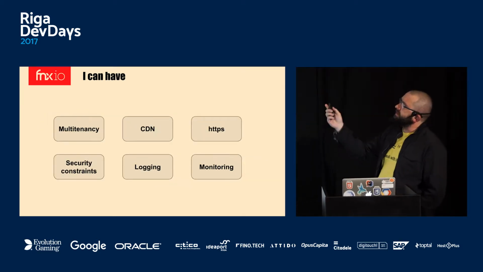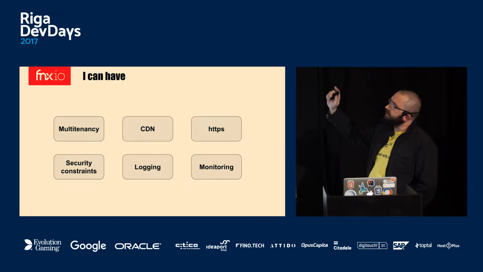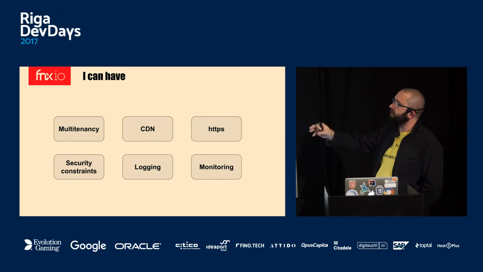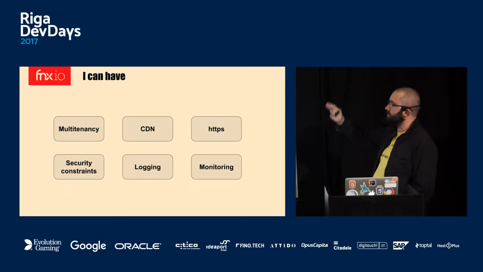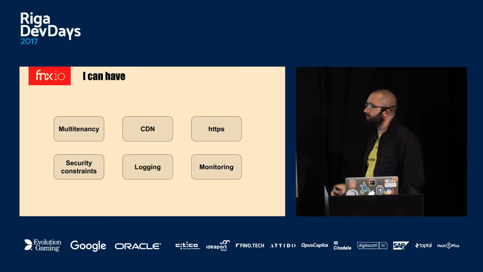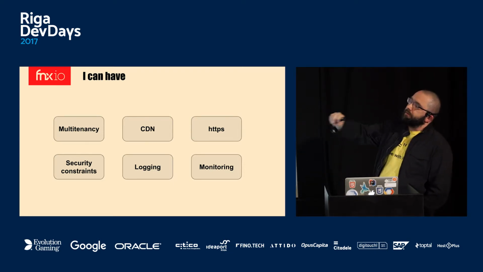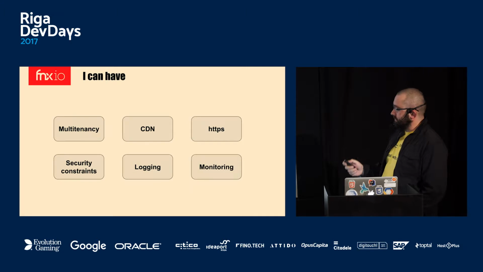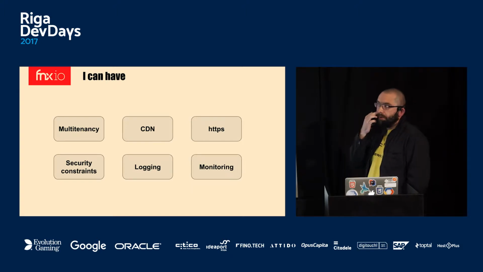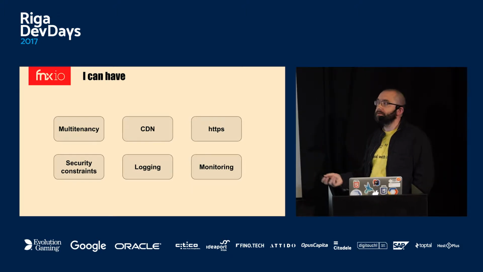I have CDN there. I have an HTTPS certificate for free. I have access to all the logs. I can configure monitoring. I can configure security constraints so that only an administrator will be able to access some URLs.